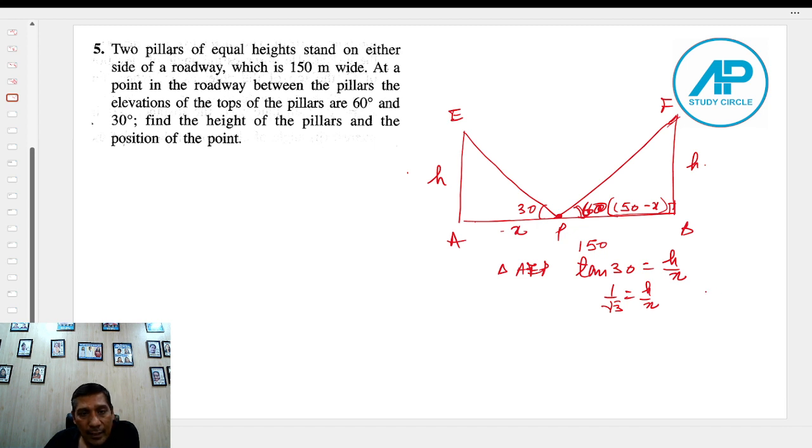So what can I have out of it? Let's take the value of h from here. h equals x by root 3.